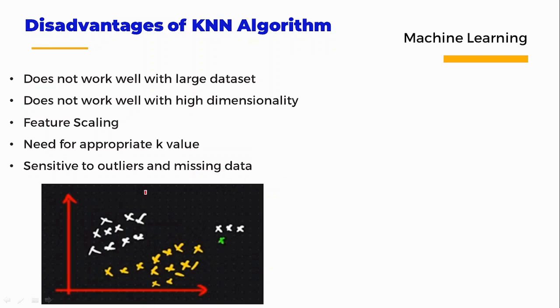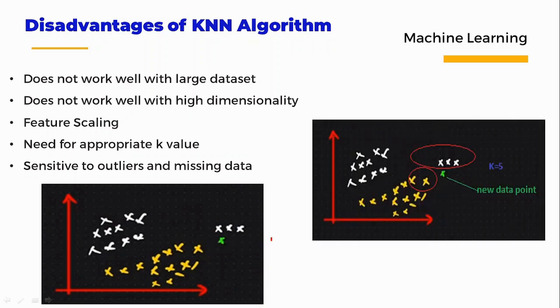So here we will understand how it is sensitive to outliers or missing data. Suppose this is how our data is distributed, and this green point is my new data point, and I want to classify which category this particular point belongs to, either the white category or the yellow category. Suppose our k value is equal to 3.